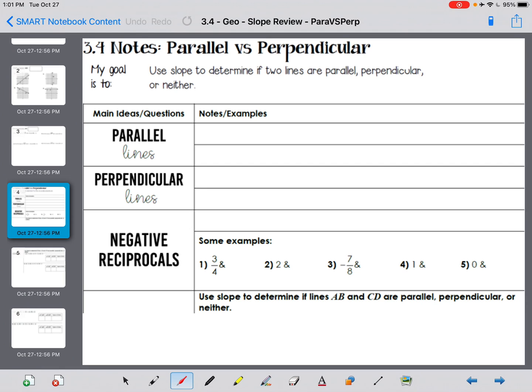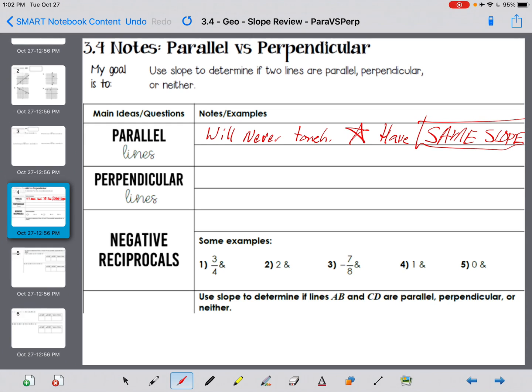So let's talk about parallel first. Most of you will say that parallel lines will never touch or intersect. And that's good. But the one we really want to know is that parallel lines have the same slope.